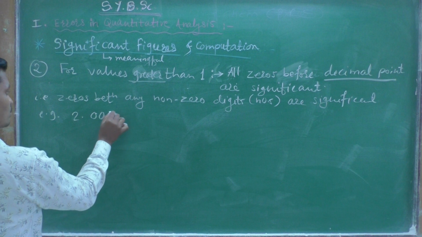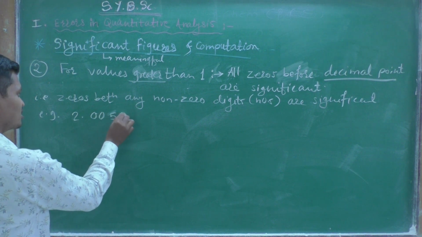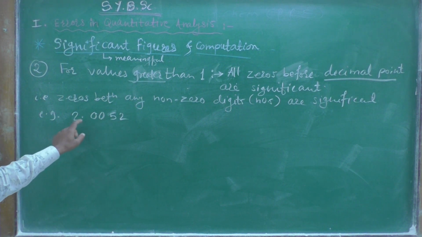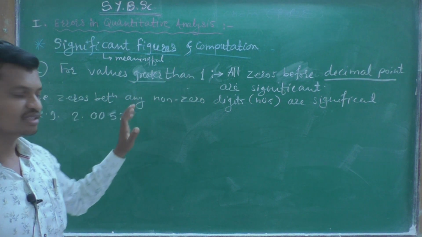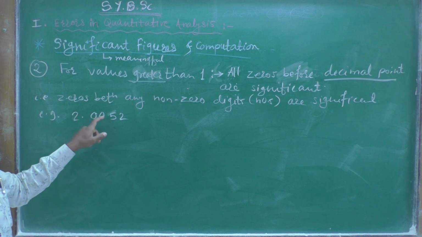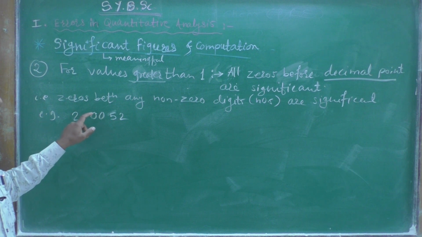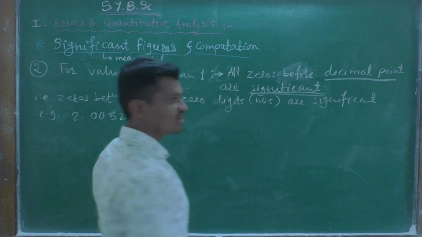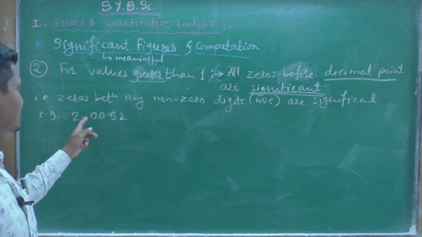2.0052. You can take any number here. As this number is 2.00 something, this number is greater than 1. Now this is the decimal point. After the decimal point, how many zeros are there? 2. So these zeros are significant. Mind well, these zeros are significant, meaning we cannot omit these zeros after the decimal point.